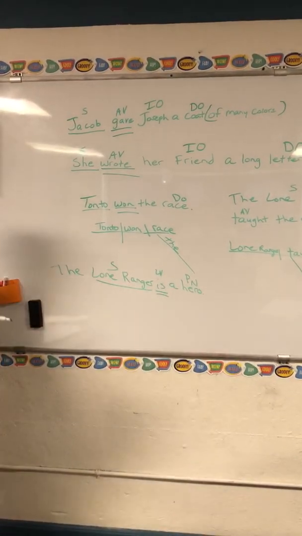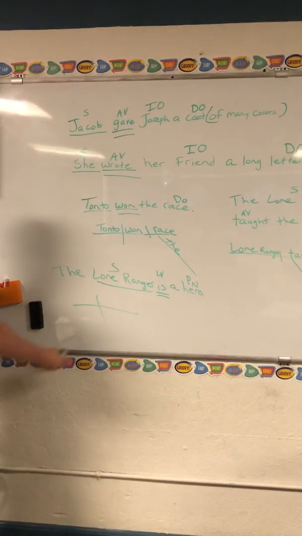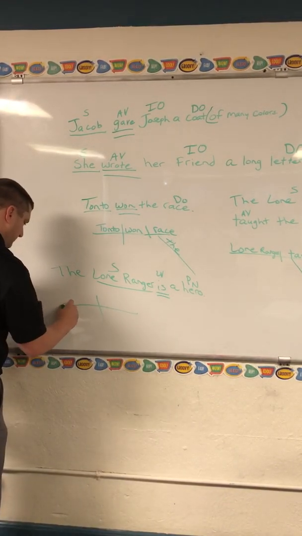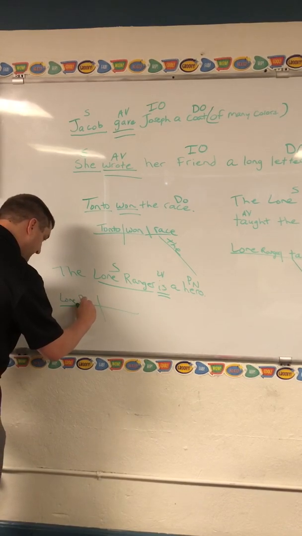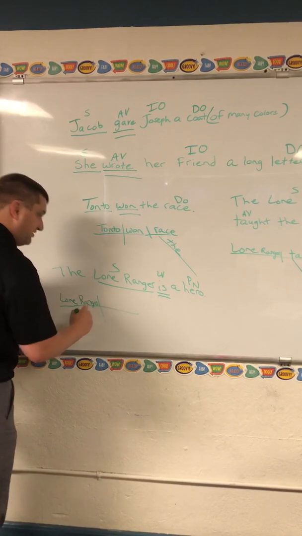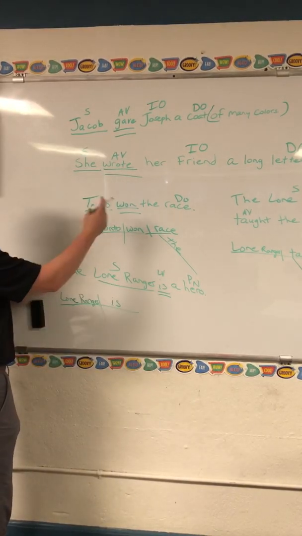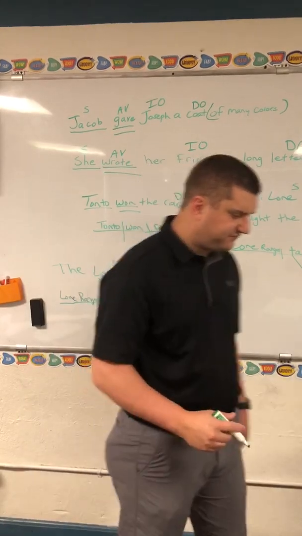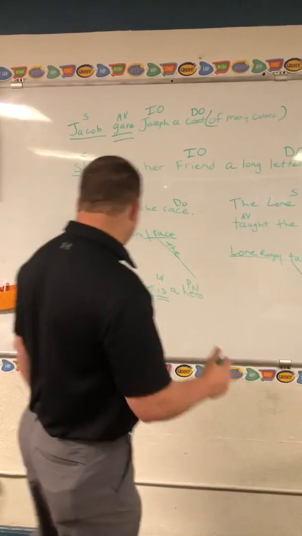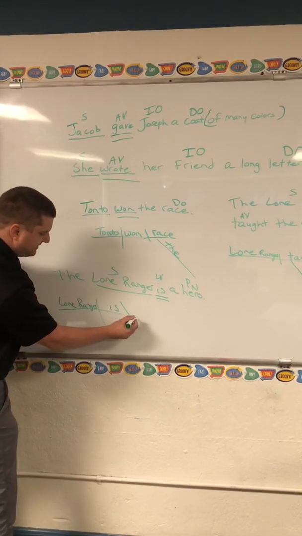When you diagram it, you do your typical setup. Lone Ranger, your verb is. But instead of doing a straight line up and down, you do a diagonal line after your verb when it's a predicate nominative or adjective.